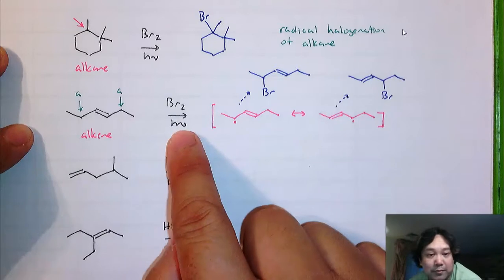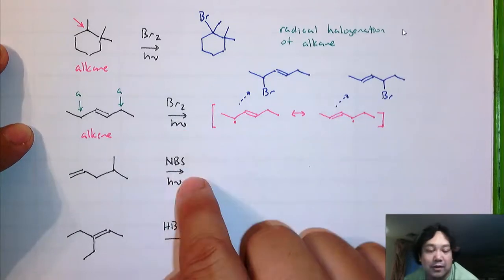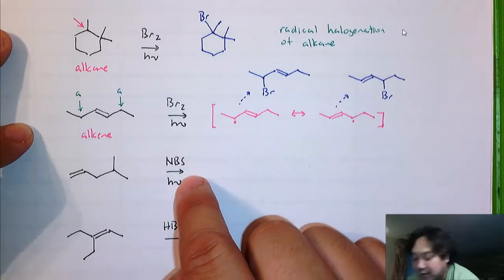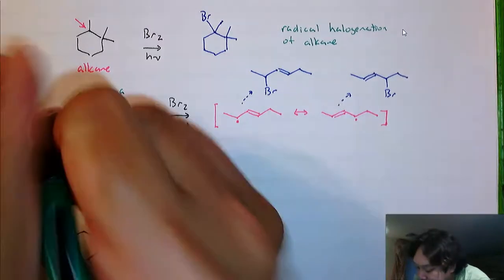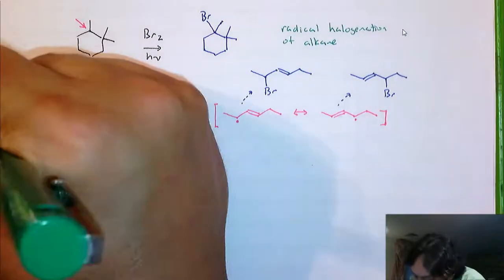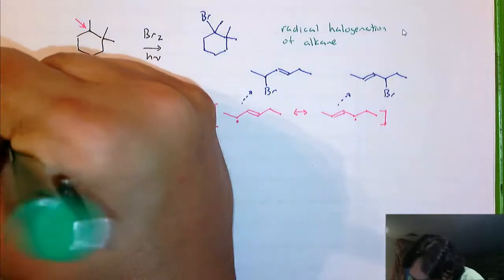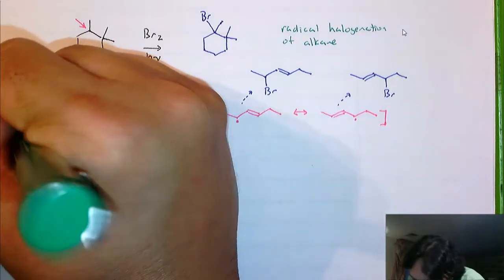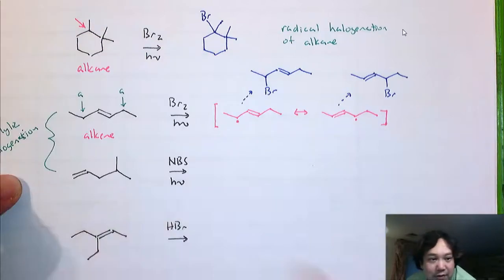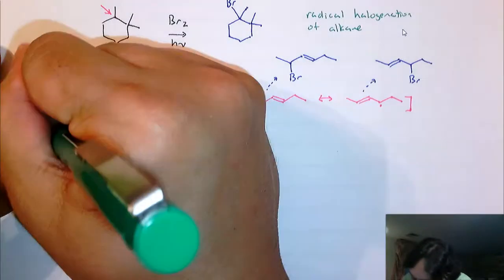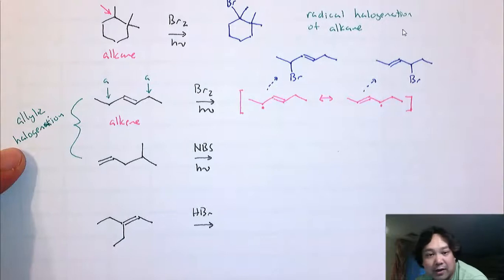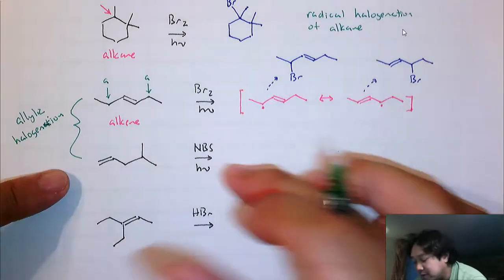Either you could use Br2 in light, or you could use what's called NBS, N-bromosuccinimide. So these are both allylic halogenation. You could always refer back to your notes or look in your textbook to do some more reading on that if you're not up to speed with this.